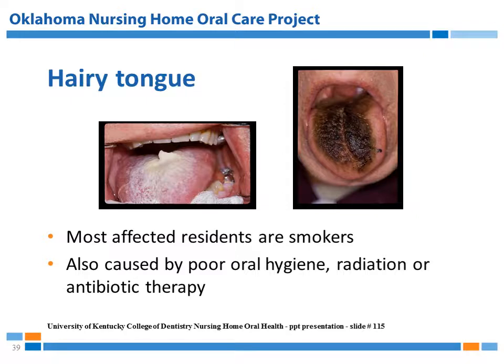Hairy tongue. I have seen this. It mostly affects residents who are smokers. It's also caused by poor oral hygiene, radiation, or antibiotic therapy. It's important to encourage your residents to brush their tongue in addition to their teeth twice a day.